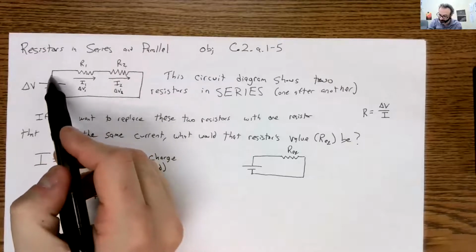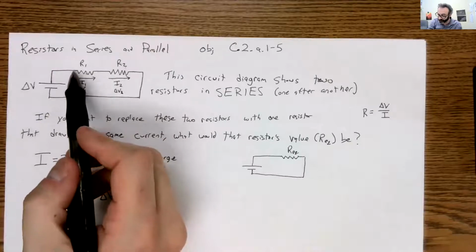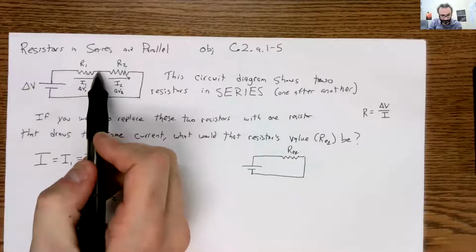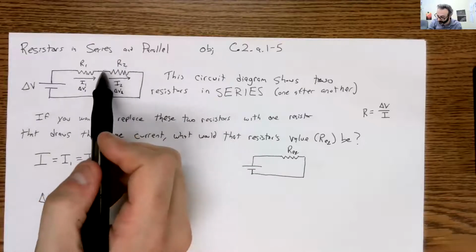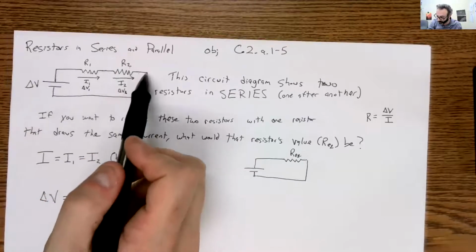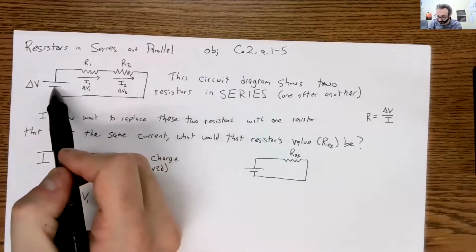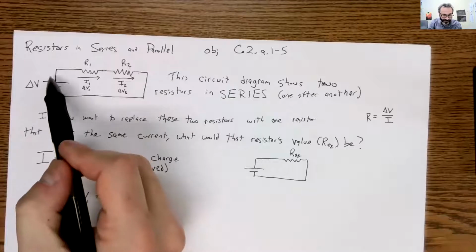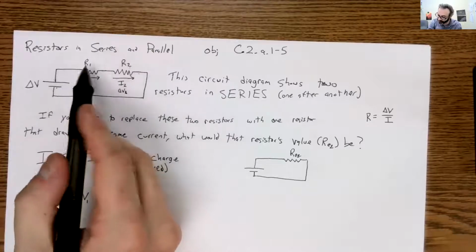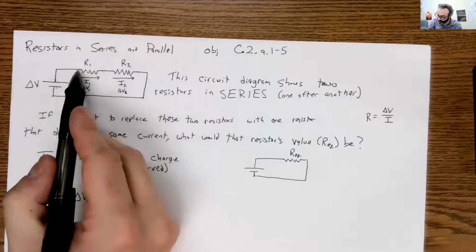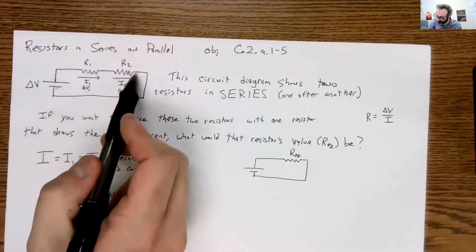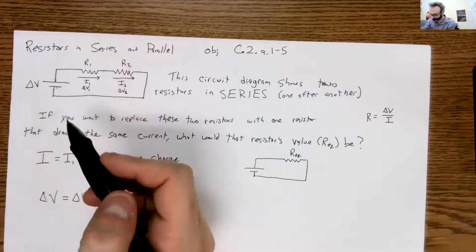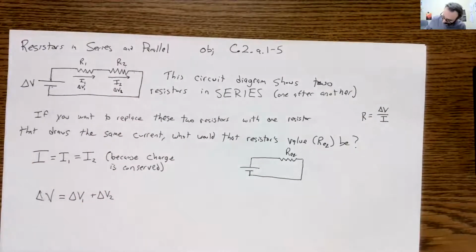The water drops from some V to some smaller V, and then drops again from that smaller V all the way down to 0, because that's now at the same potential as the negative terminal of the battery. Then it gets pumped back up to the top by the battery. However much it drops for both of these together has to be the same as the amount that gets pumped back up by the battery.